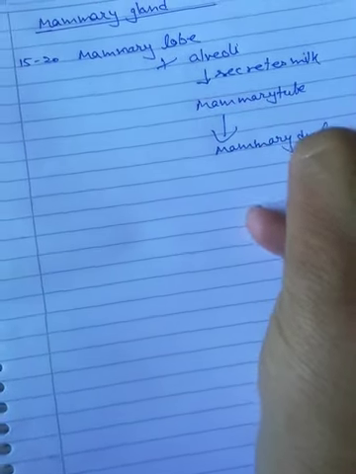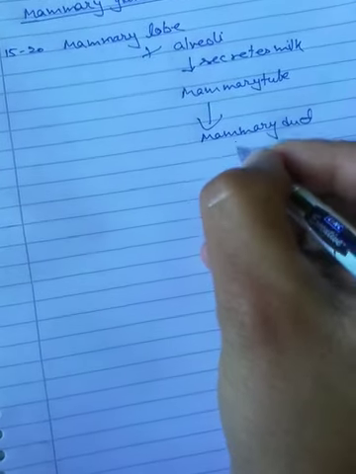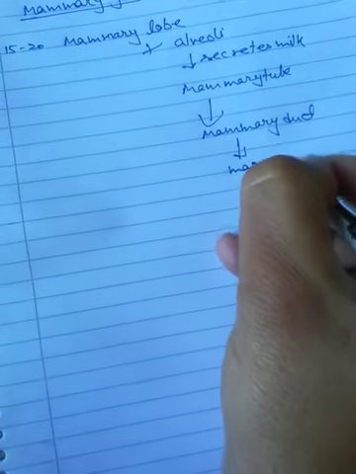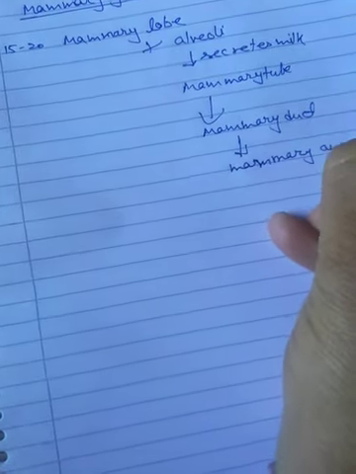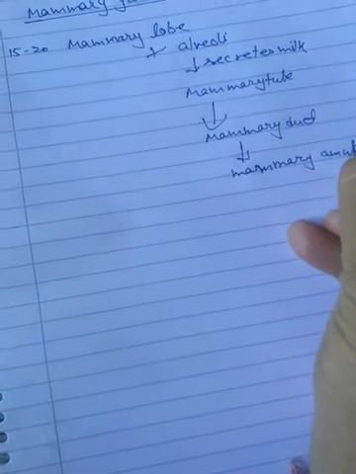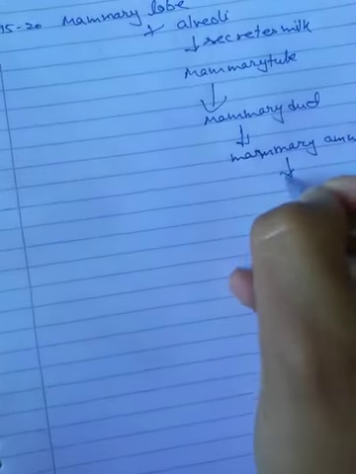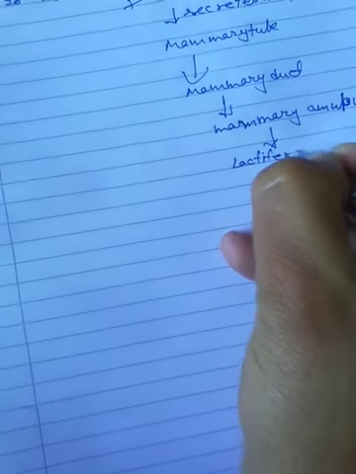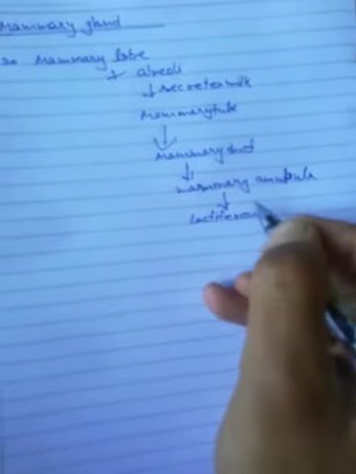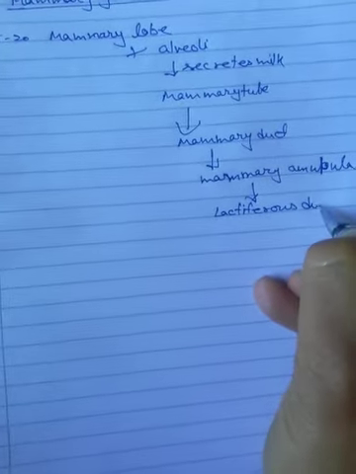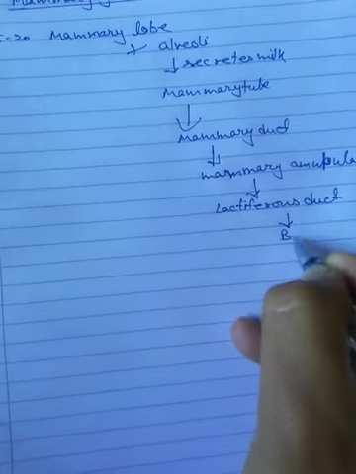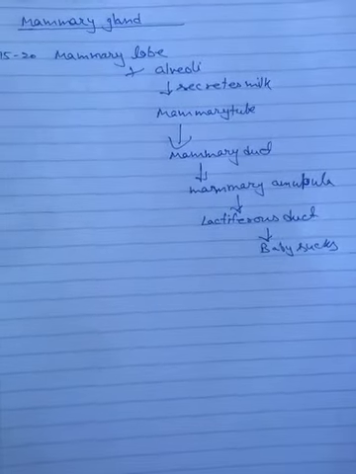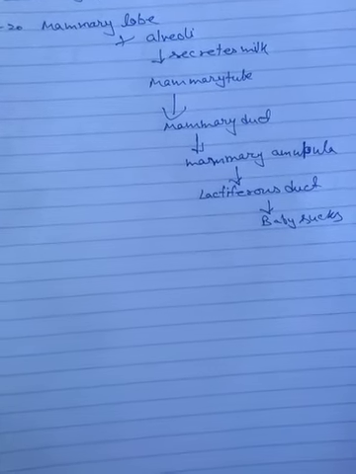Various mammary ducts open into the ampulla, called the mammary ampulla, and finally the mammary ampulla opens into the lactiferous duct. Then finally the baby sucks milk from the lactiferous duct.